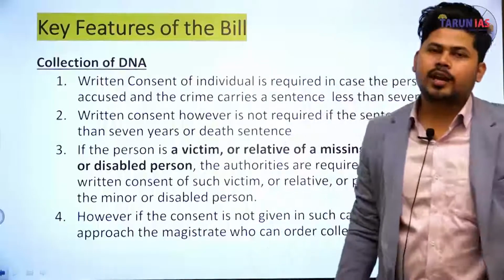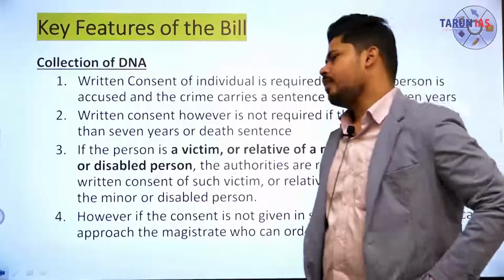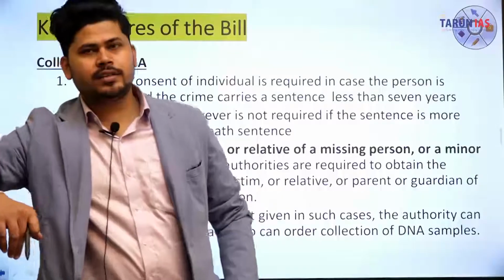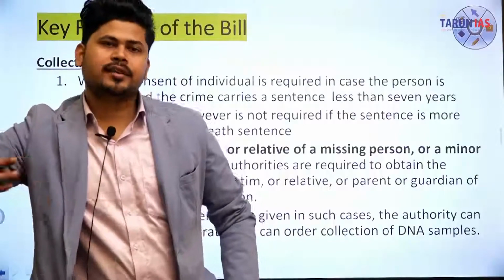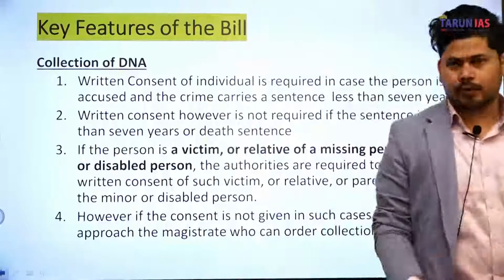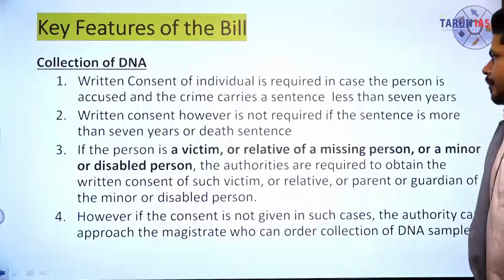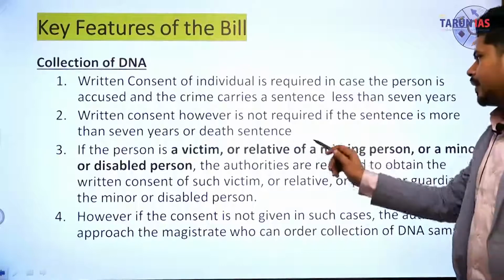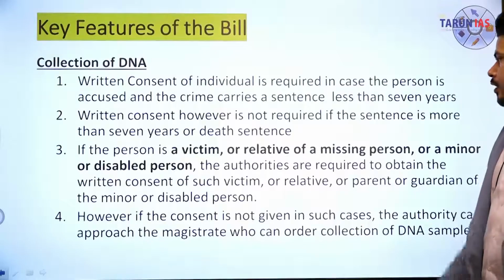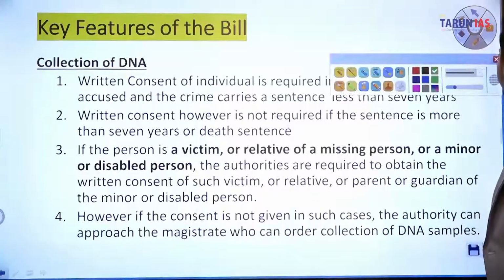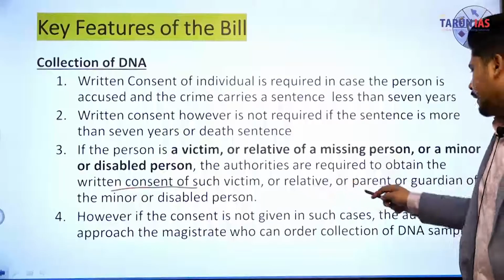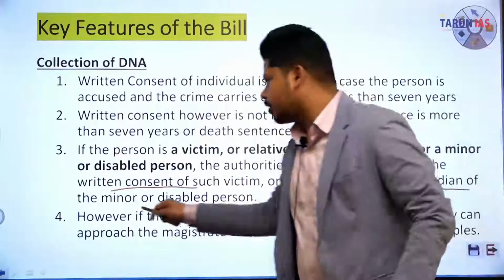But if you have committed a crime, for example murder, and because murder carries a higher sentence than 7 years, in that case no written consent of the individual from whom the DNA sample is being collected is required. Again, if the person is a victim or relative of a missing person or a minor or a disabled person, the authorities are required to obtain written consent of such victim, relative, or parent or guardian of a minor or a disabled person.